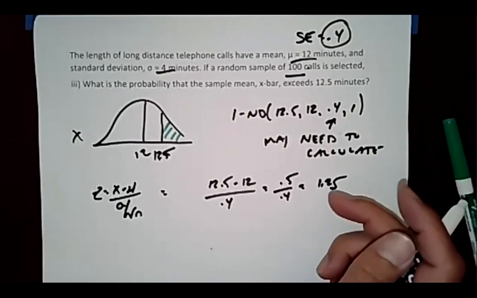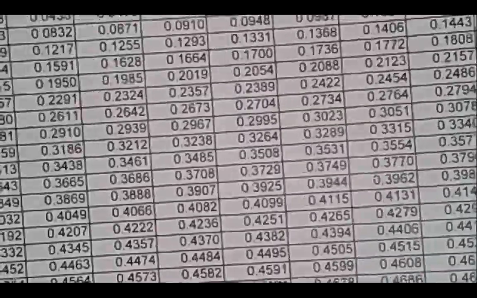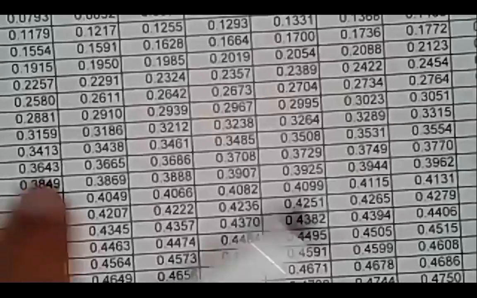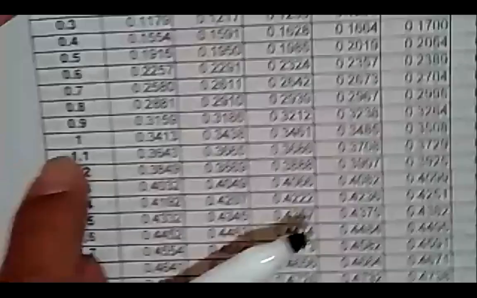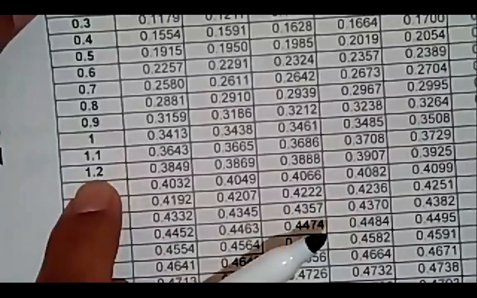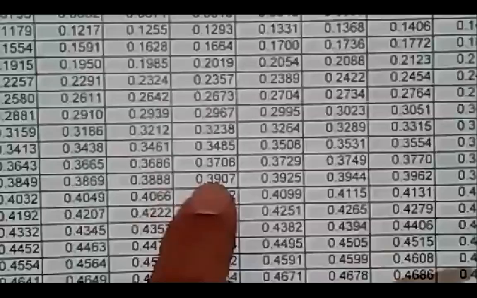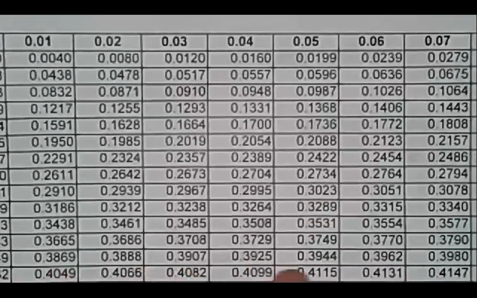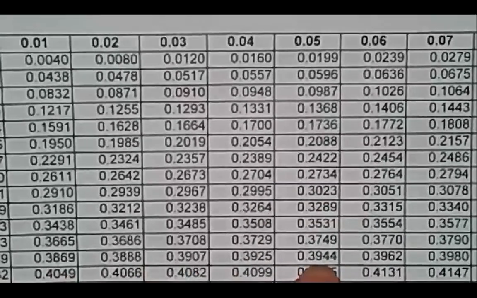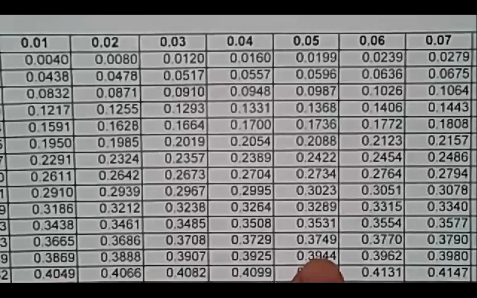Looking at my handy dandy z chart, I look for 1.2, and I go over to 1.25, which is 0.3944. My finger's right on it, 0.3944.